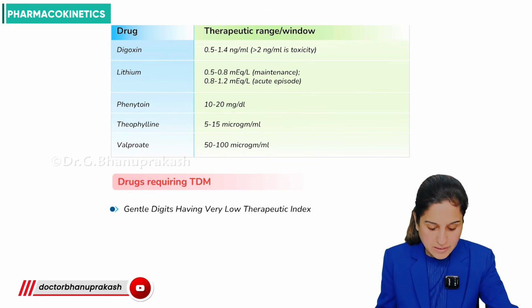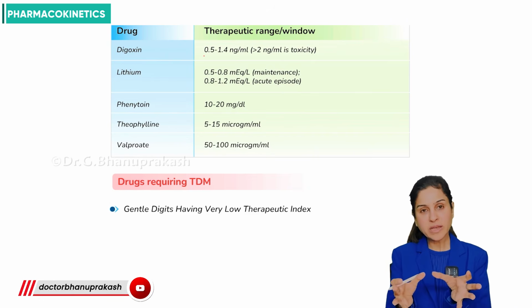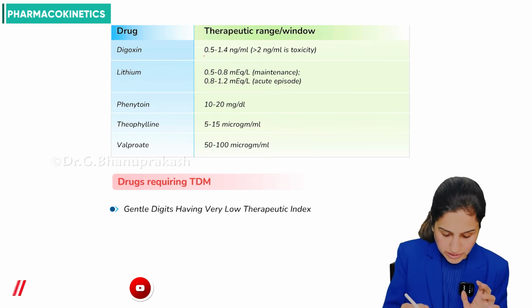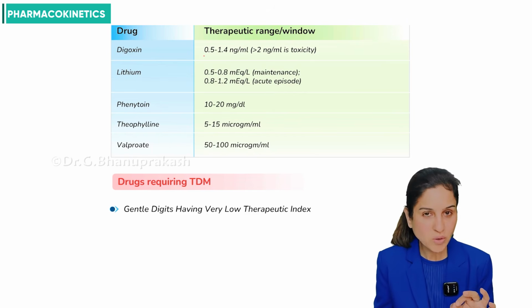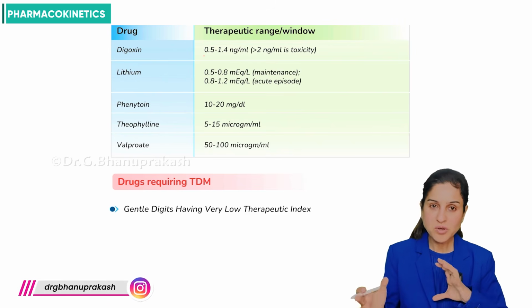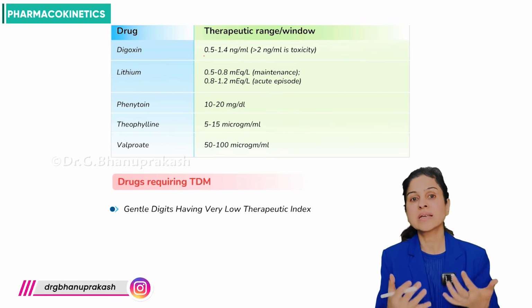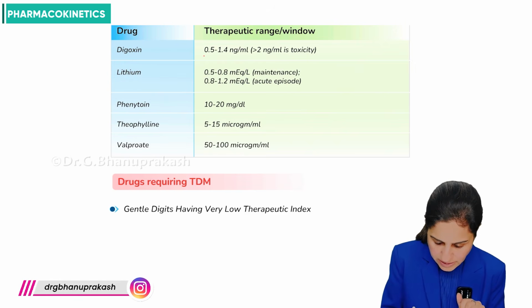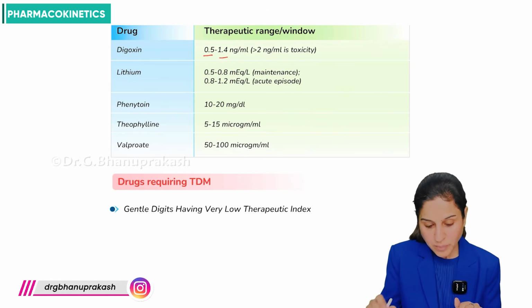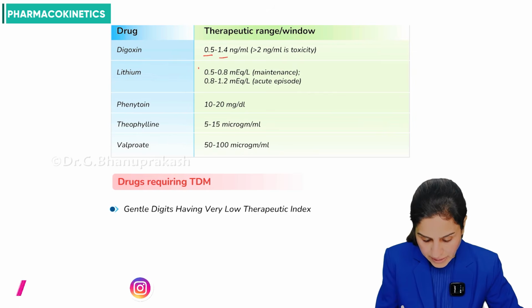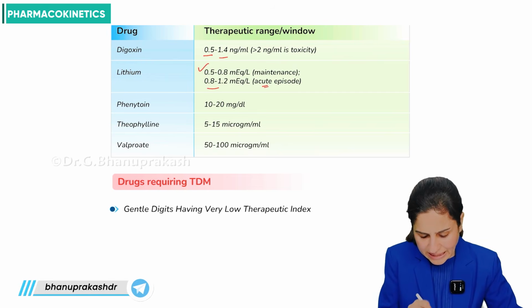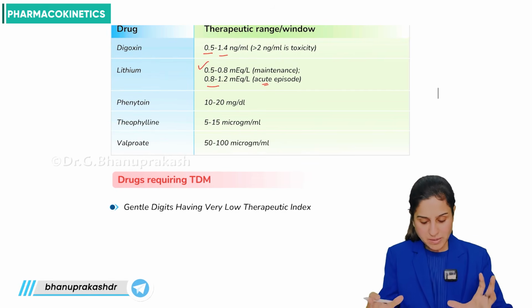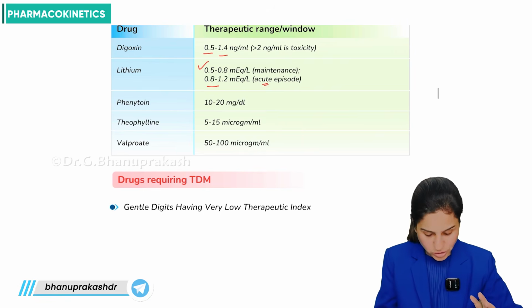So these are a few drugs which have a very narrow therapeutic range or therapeutic window. The importance is that you have to be very careful while dosing these drugs, otherwise there can be toxicity or you can land in decreased effectiveness. So digoxin 0.5 to 1.4 nanograms per ml, and lithium for maintenance you require 0.5 to 0.8, but for an acute episode you require a slightly higher dose, and you should maintain plasma levels of 0.8 to 1.2.